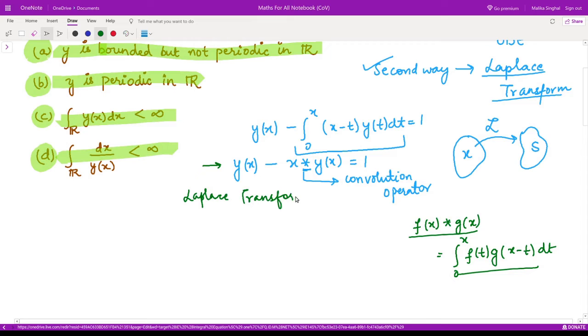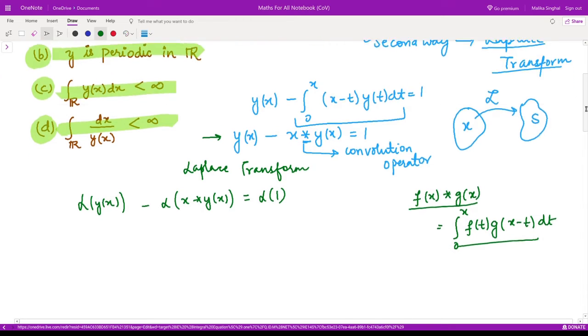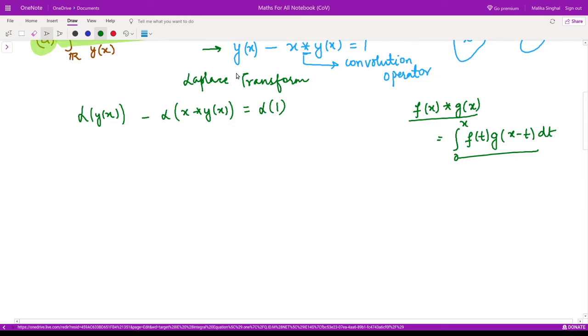So let us do that. It would be the Laplace transform of y of x minus the Laplace transform of x star y of x is equal to the Laplace transform of 1. Now here you should know some very basic formulas of Laplace transform. I am calling the Laplace transform of y of x capital Y of s, which is the notation.